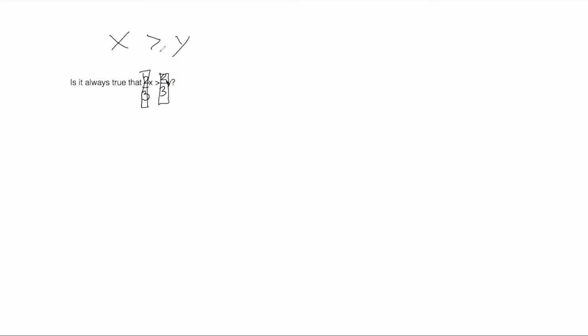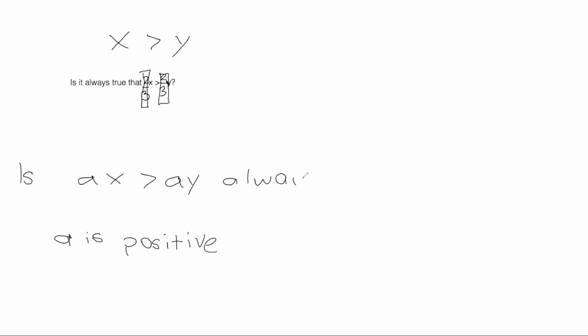And then part C is saying, is it always going to be true if we have ax is greater than ay, and a is any positive number? Is this always true? And the answer is yes.